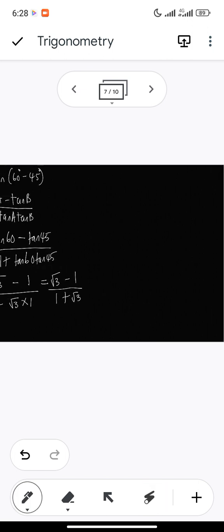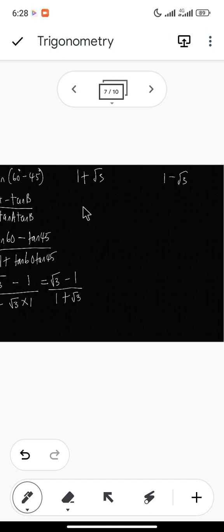First of all, we look for the conjugate. You look at the denominator, we have 1 plus root 3, right? The conjugate of this is going to be 1 minus root 3. We're going to use this conjugate to multiply both the numerator and the denominator.